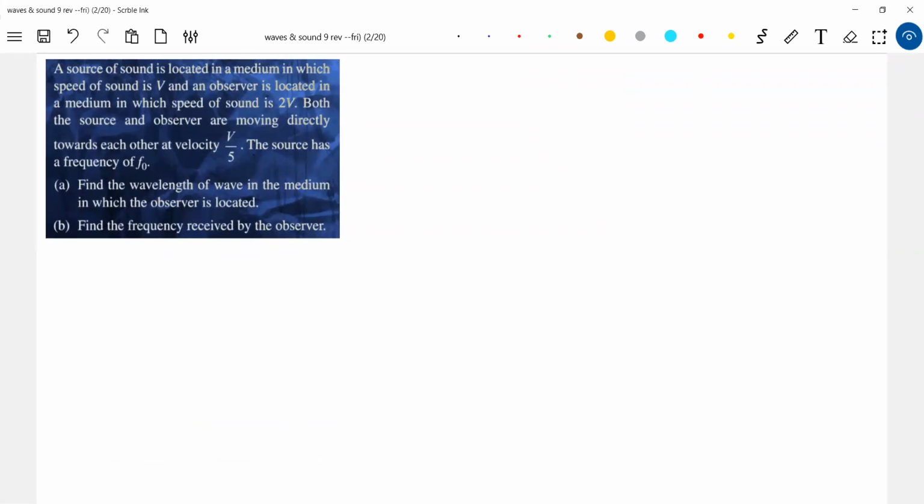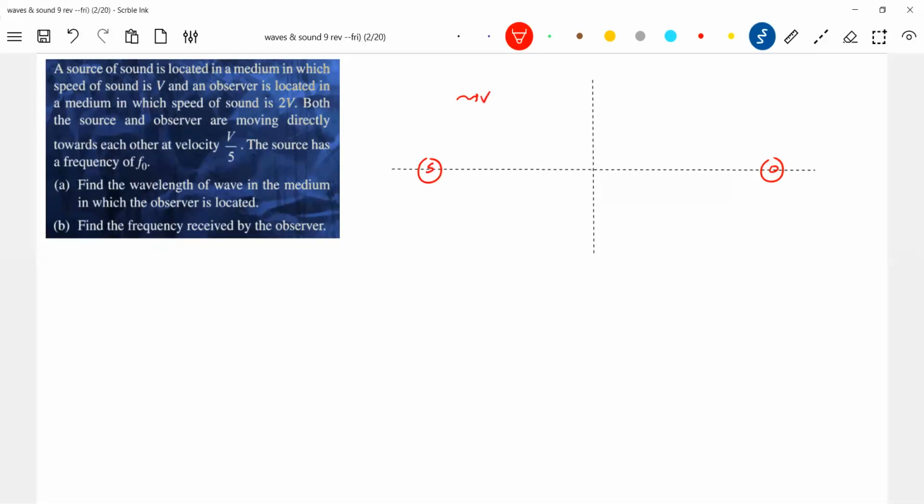A source of sound is located in a medium and this observer. Here the speed of sound will be v.